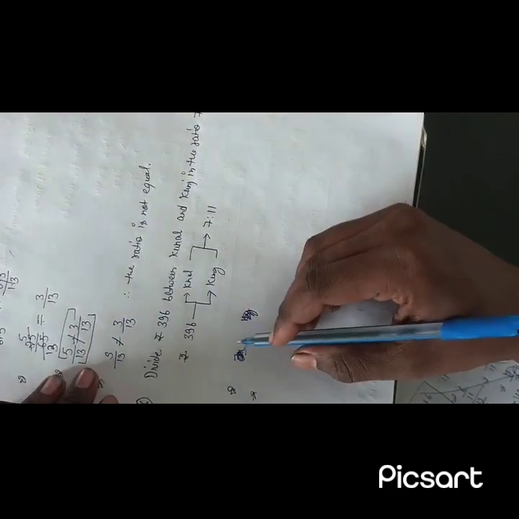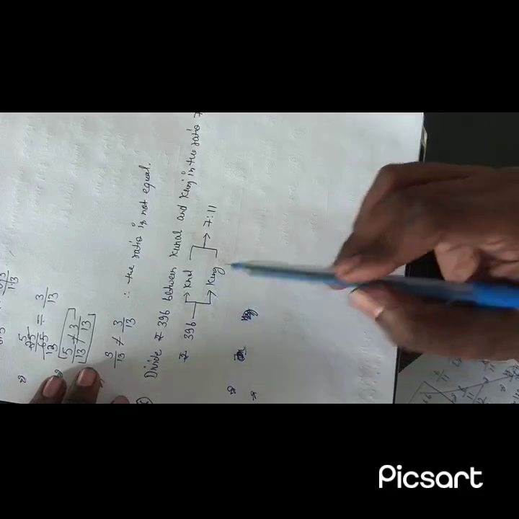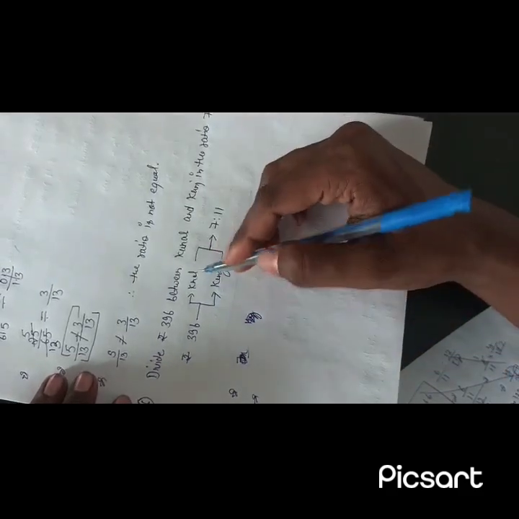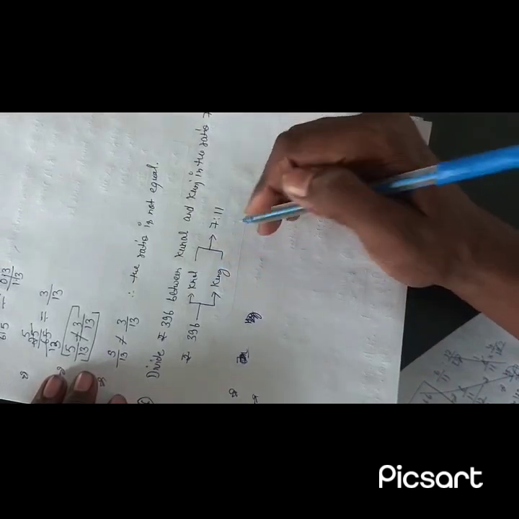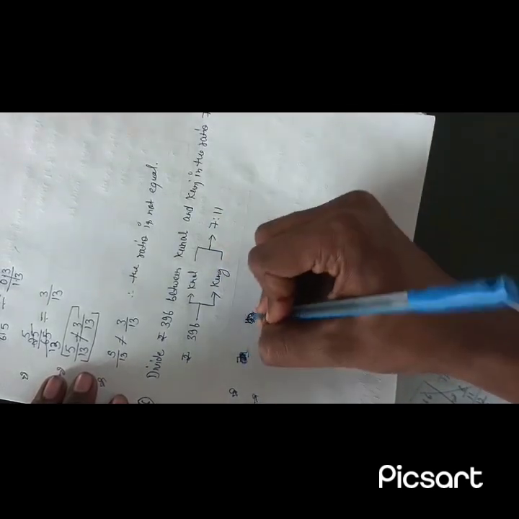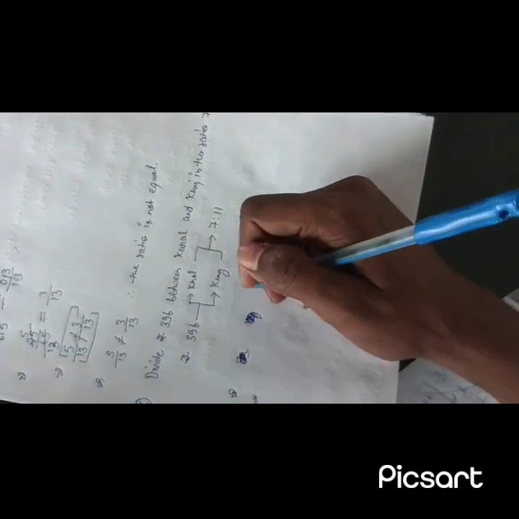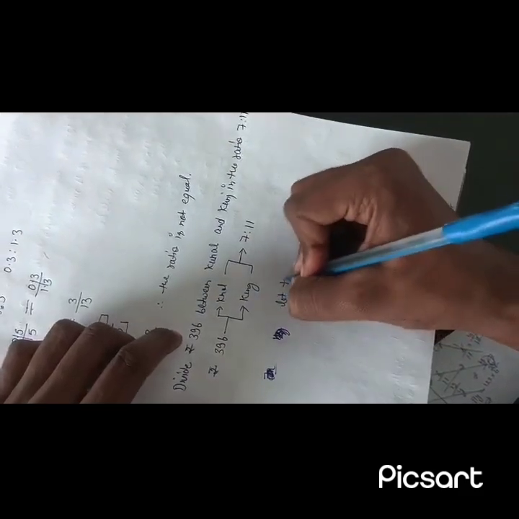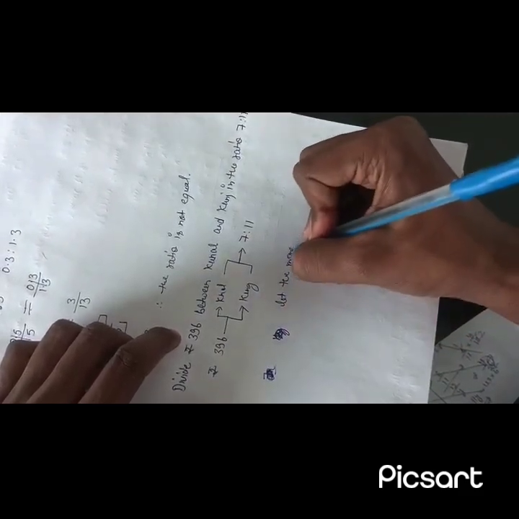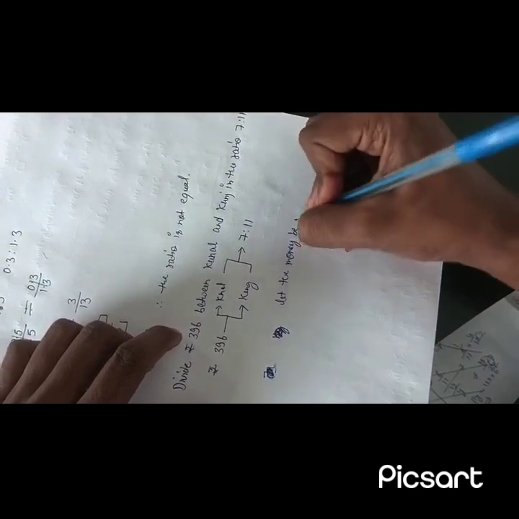We have to simply divide 396 in such a way that the ratio they are getting is in the 7 is to 11 form. So let the money be x.